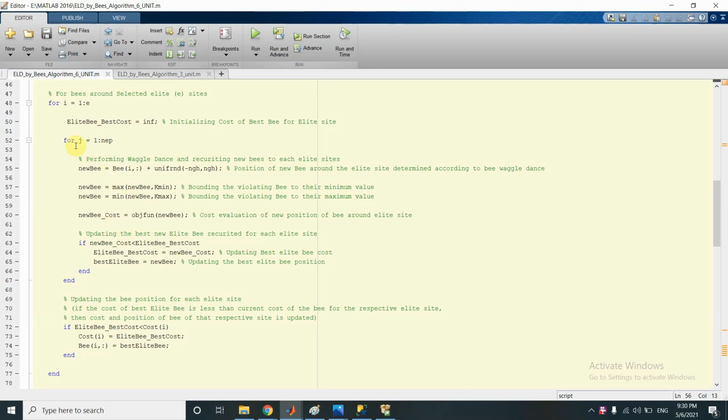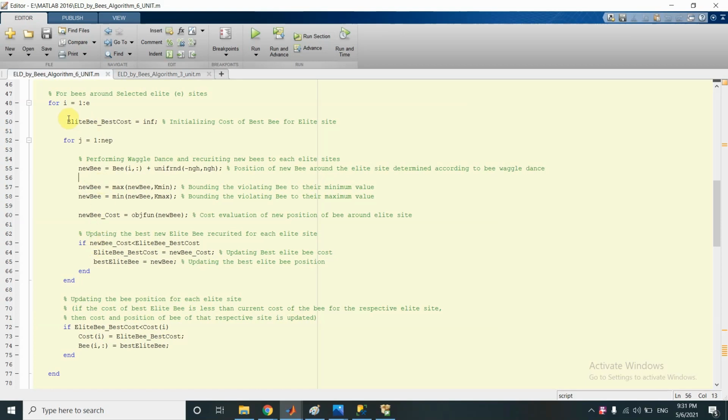So in each iteration of this for loop, a new bee is taken, its position is calculated around the elite site, and the cost value at that position is calculated. Then we check whether the cost value of that new bee is better than the elite bee best cost.